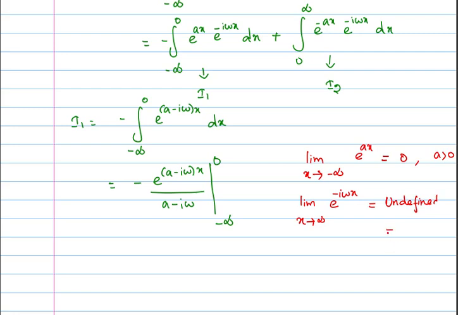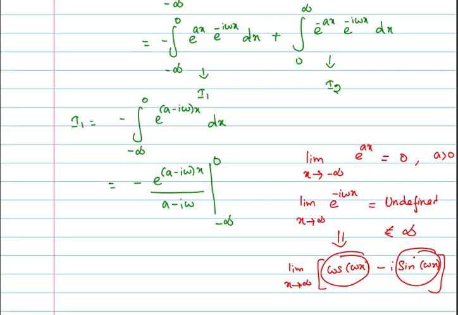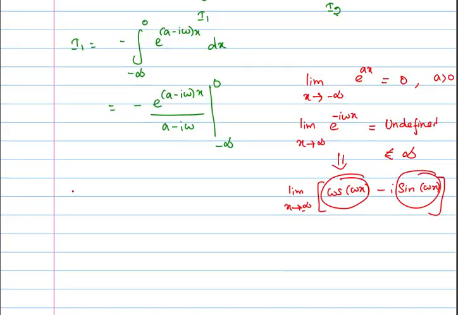But I know it is a bounded number. I can write it as cos omega x minus i sin omega x. Whenever x extends to infinity, this is bounded between minus 1 and plus 1, and so is the other, so it is a bounded number. It is multiplied by 0, so this becomes 0 for the lower limit.